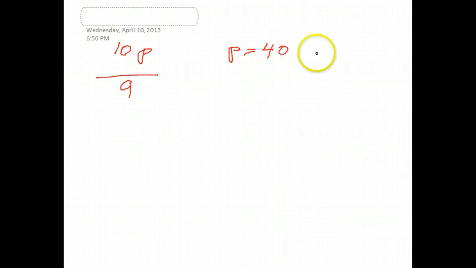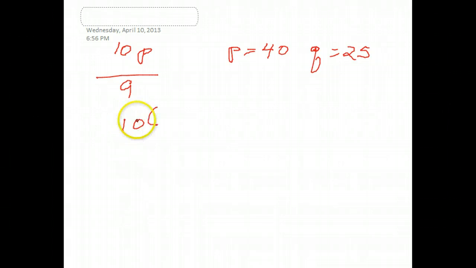Okay, let's look at another example. If I have 10p divided by q, and p is equal to 40, and q is equal to 25. So this would be 10 times 40 divided by 25.